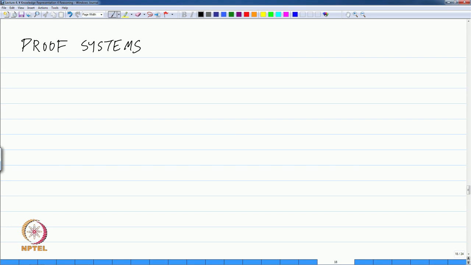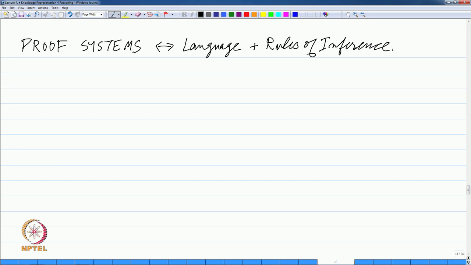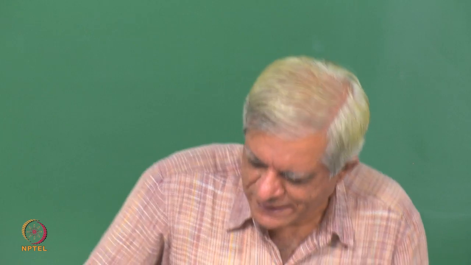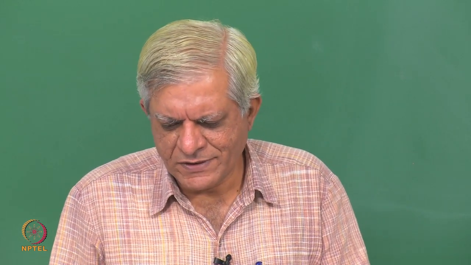So, proof systems are basically a language that we have already defined plus rules of inference. And when we put an algorithm on top of that, then we have a proof procedure essentially. We will come to that eventually. So, let us look at proof systems.